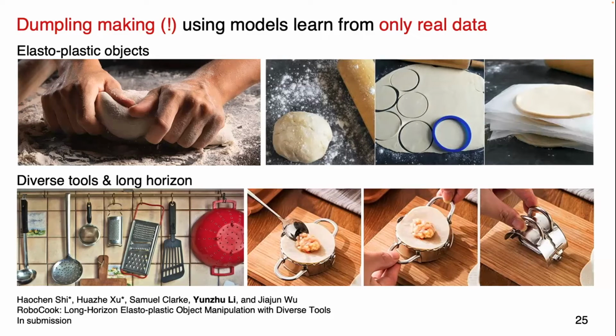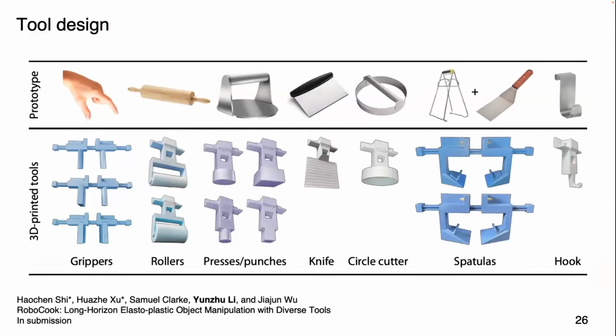It necessitates the agent to make both discrete decisions on which tool to use and continuous decisions on what specific action to take. To construct a robotic system capable of tasks as complicated as dumpling making, we first design a tool set, referencing tools commonly used in our daily life in our kitchen environments.